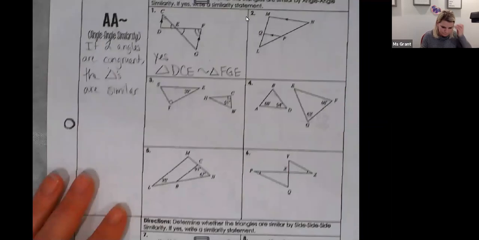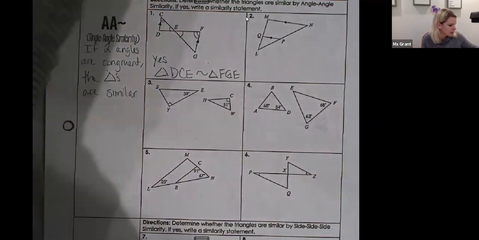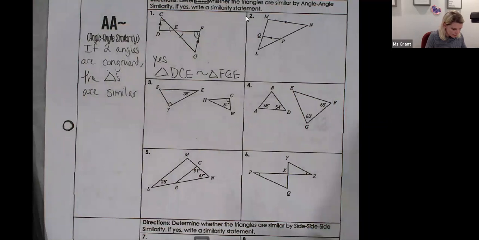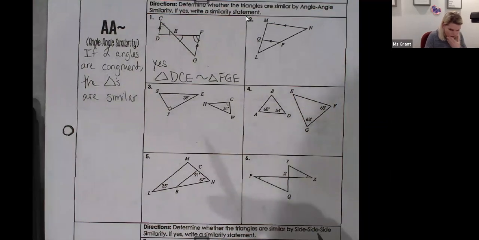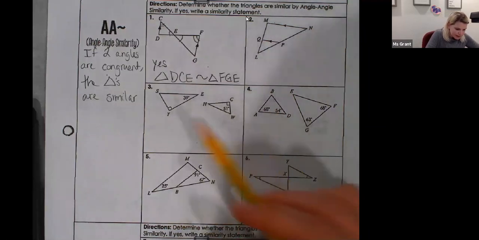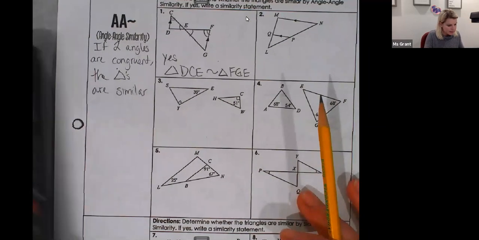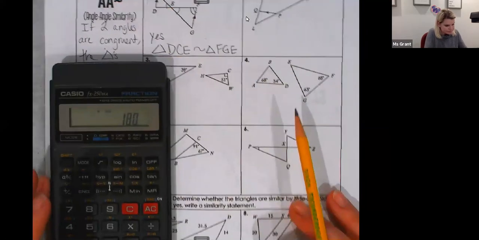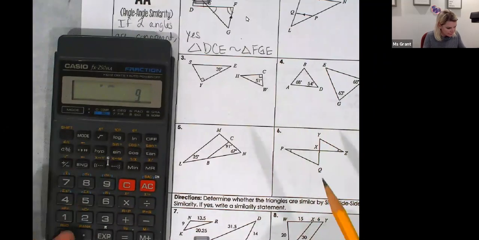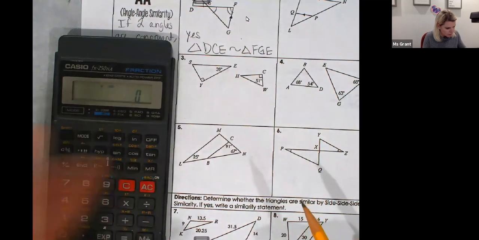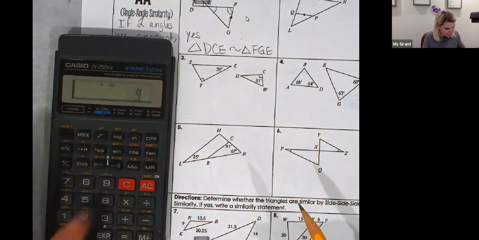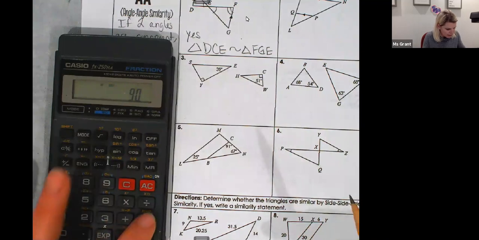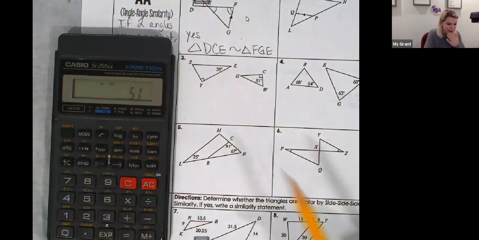Question number 3. Well, now they give me the degree measurements. The degree measurements are given to me. Obviously, I've got 90 degrees and 39. So it's 180 minus, sorry, let me get this right. Minus 90 equals, 180 minus 90 minus 39. Is the missing angle 51 on this side?